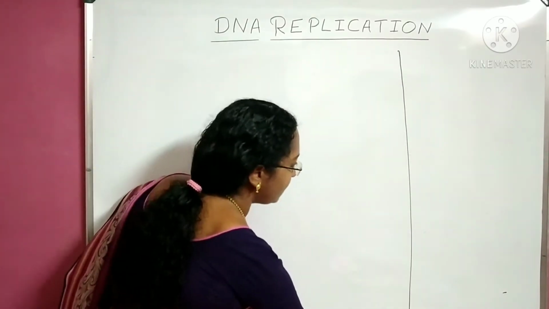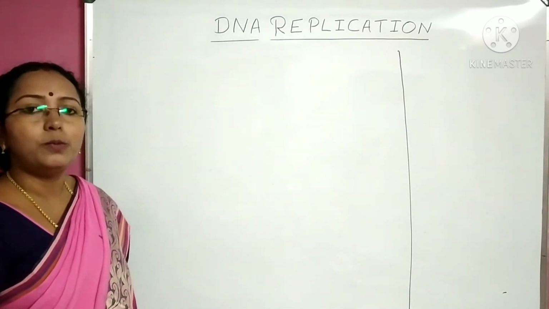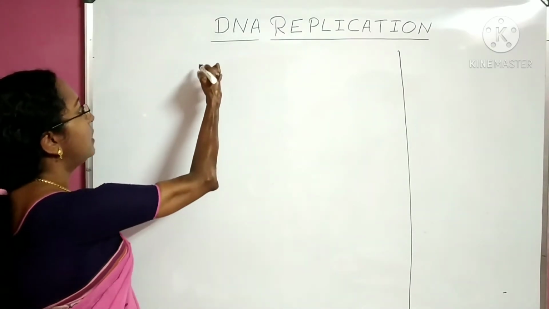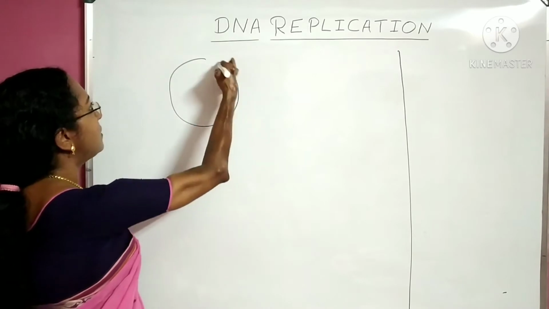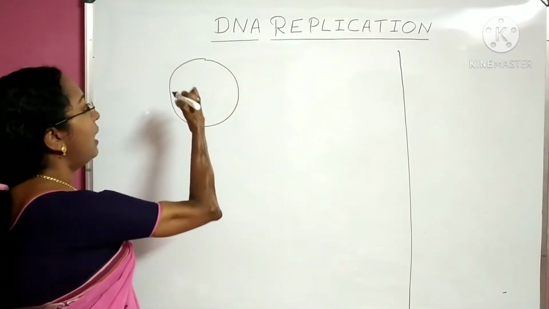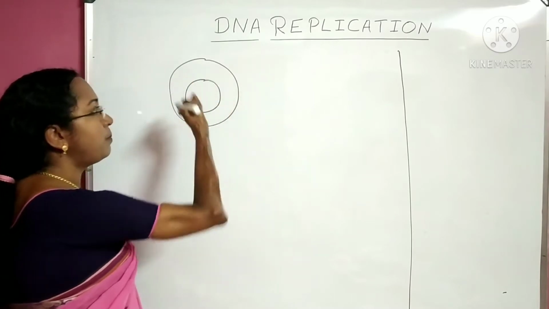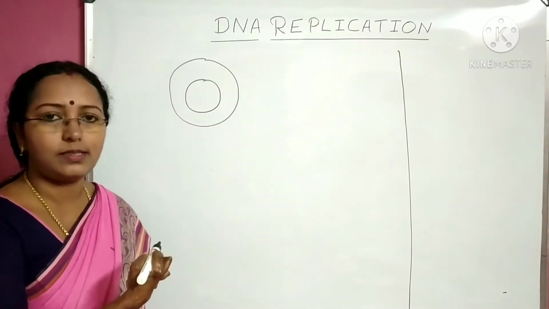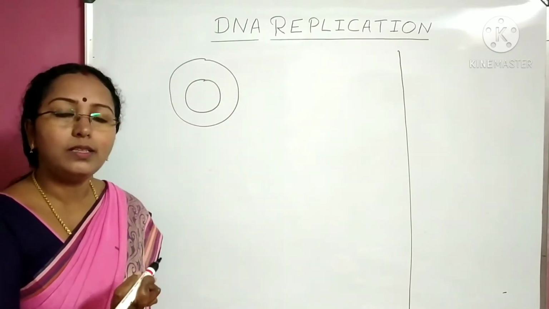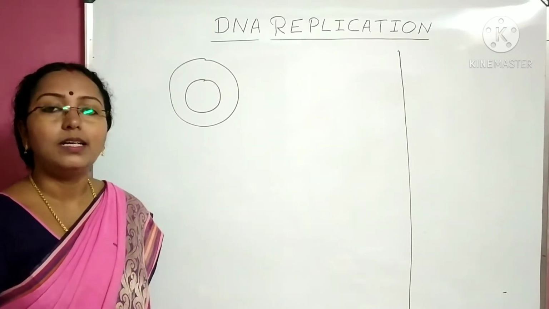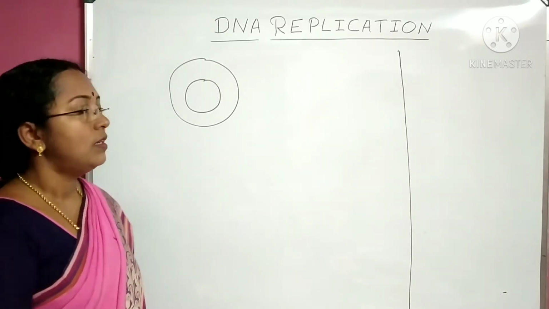In this process, the first and foremost thing that you should know is DNA is placed inside a cell. Inside the cell, in the case of eukaryotes, it is placed inside the nucleus. If it is a prokaryote, it is placed in a space called the nucleoid.